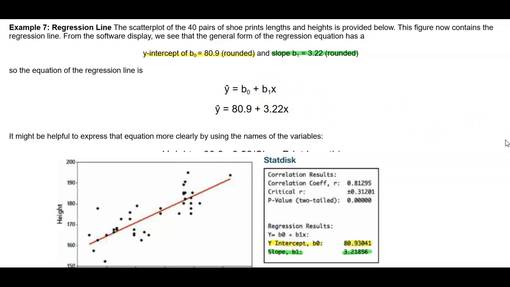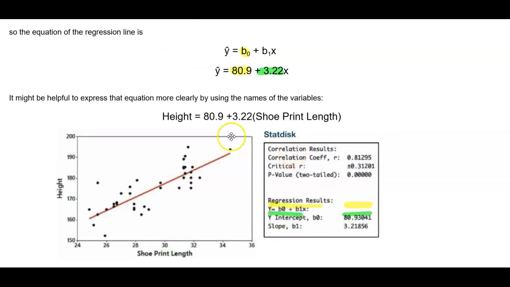So again, the y-intercept is equal to 80.9, plus we know that the slope is 3.22x. It might be helpful to express the equation more clearly by using the names of the variables.